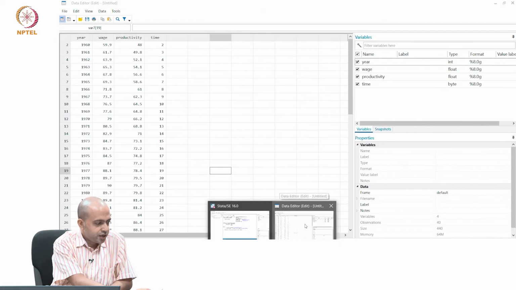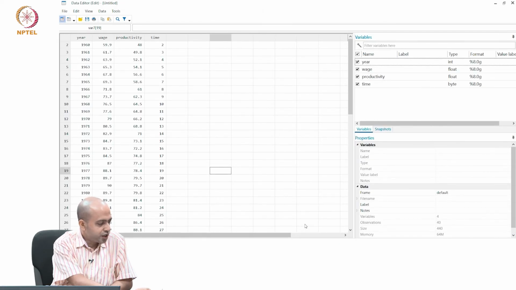So, this is the data. We have 1960 to 1998, so we have some 40 years of data, and we will now estimate the model.